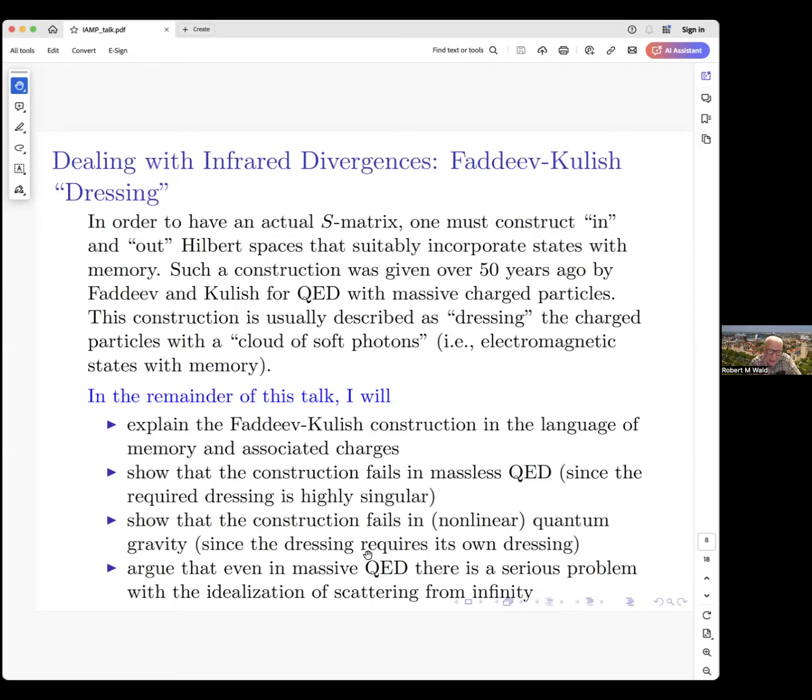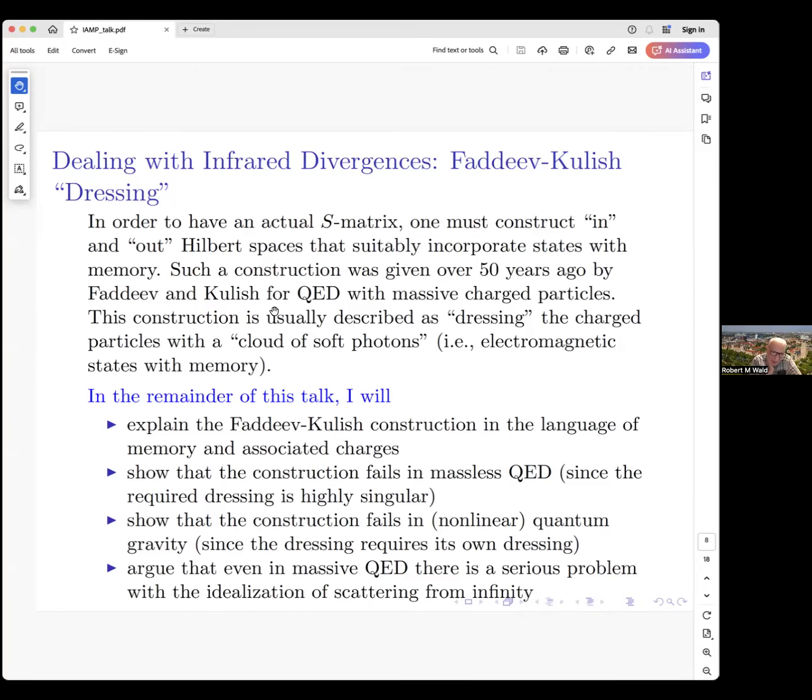And finally, I'm going to argue that this whole situation is not satisfactory anyway, even in massive QED, where you can legitimately do the Faddeev and Kulish construction, and that the problem is simply the idealization of scattering from infinity. That's a perfectly good idealization in classical field theory.